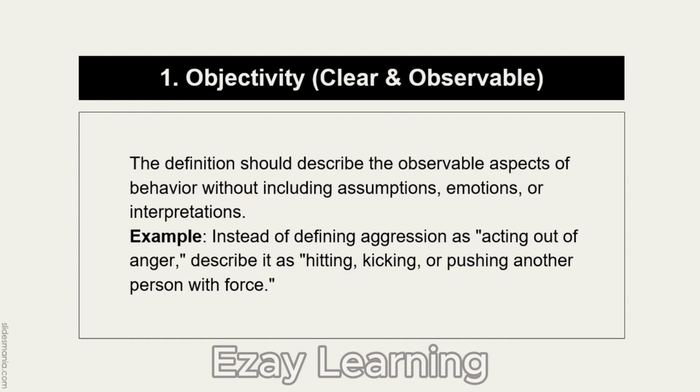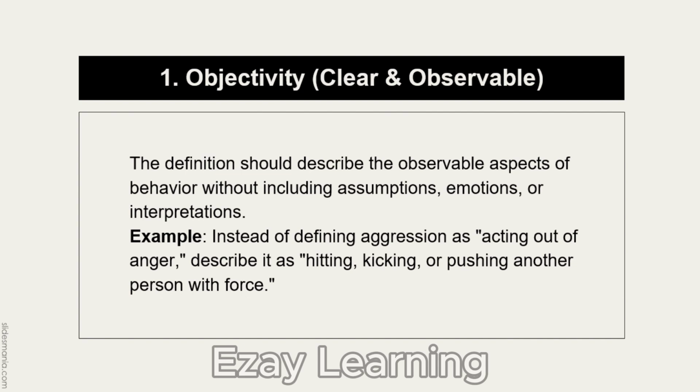The first one is objectivity. It has to be clear and observable. You are not supposed to include your assumptions, your interpretations, or emotions when describing the behavior. You have to describe what you observed, simply explaining the observable part of the behavior.